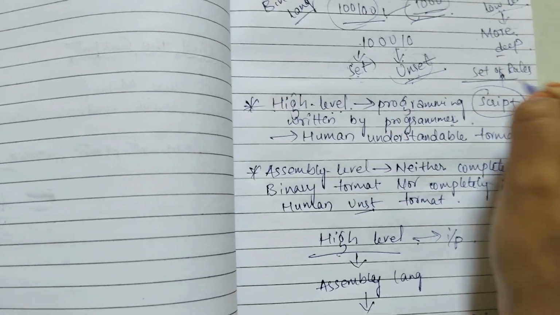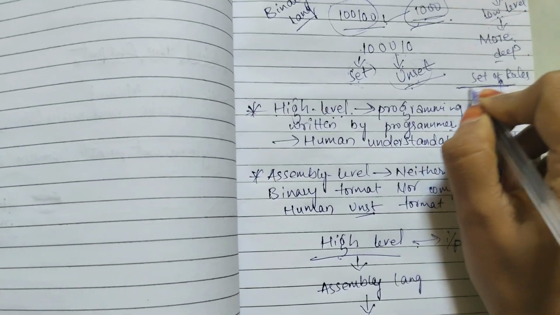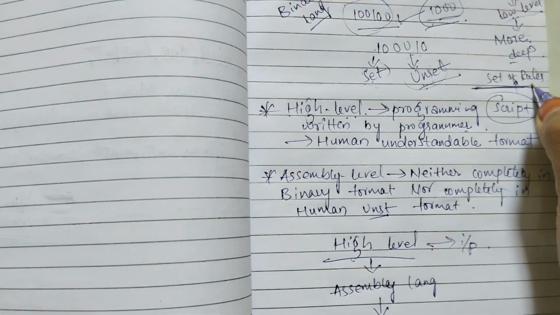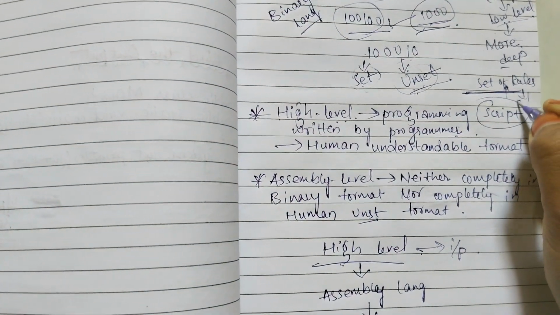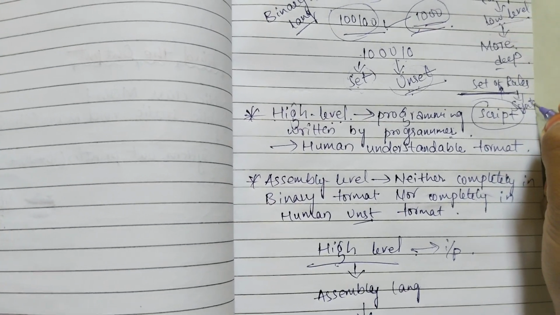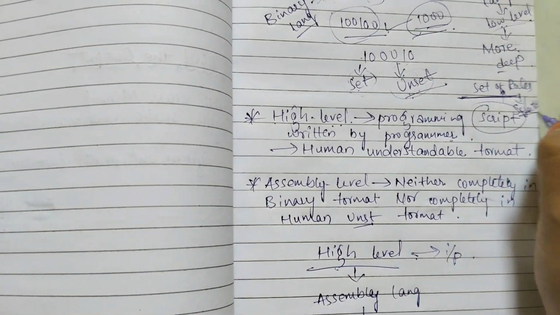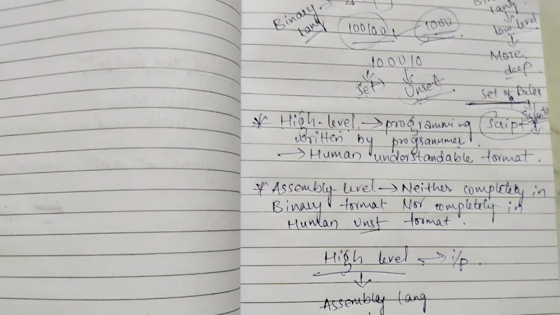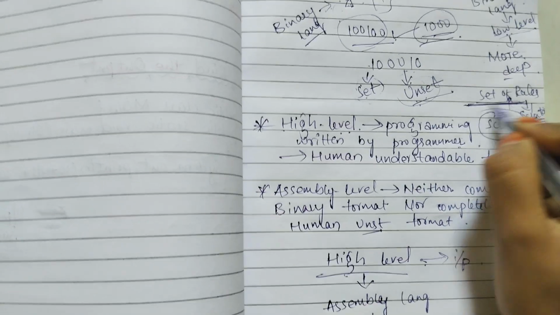To write the script, to write the program, any code, we have a set of rules. The rules can be called syntax also. We have syntax for each topic: how to write this, how to write that. For everything we have a set of rules.